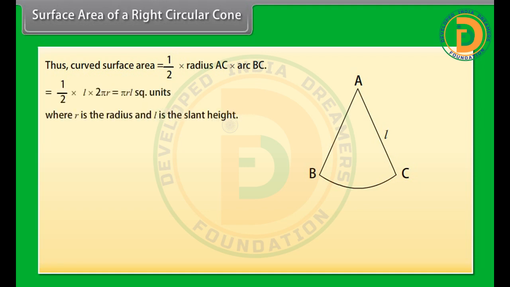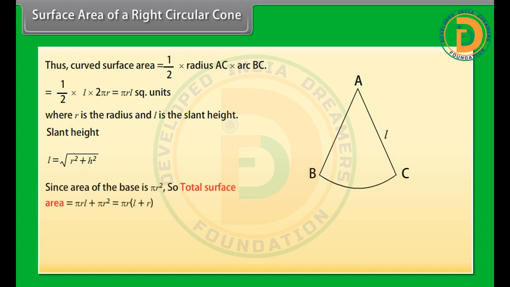This is equal to 1 upon 2 into L into 2 pi r, which equals pi r L square units, where r is the radius and L is the slant height. And slant height L is equal to square root of r square plus h square. Since the area of the base is pi r square, the total surface area is equal to pi r L plus pi r square, which is equal to pi r into L plus r.